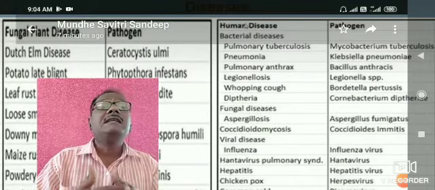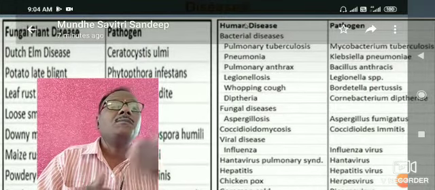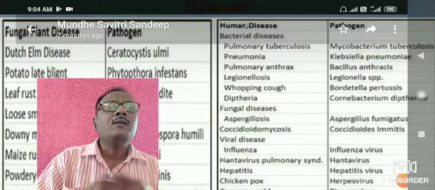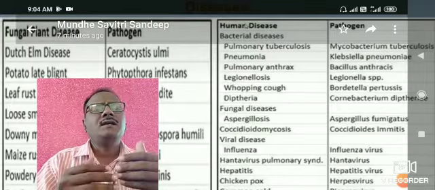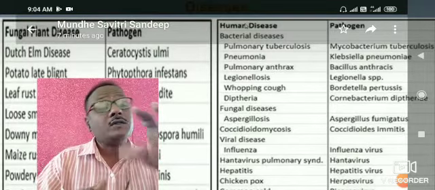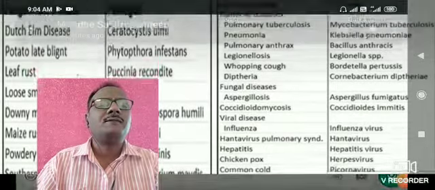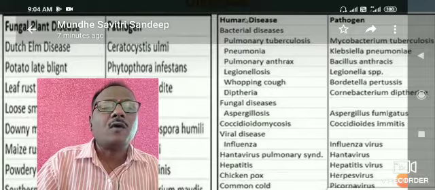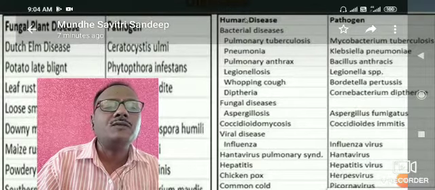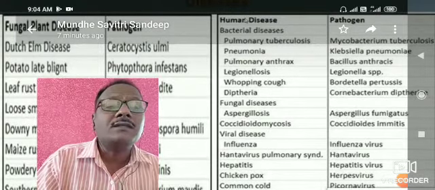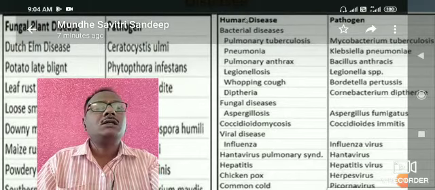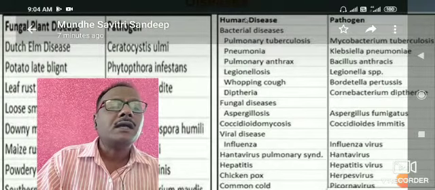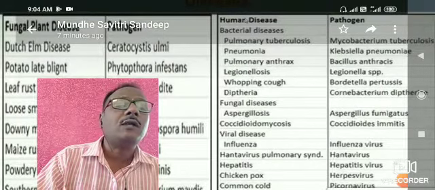These are human diseases due to pathogens, such as Mycobacterium tuberculosis, which causes TB, and the bacteria causing pneumonia and anthrax. Apart from that, some viral diseases are hepatitis, chickenpox, common cold, influenza, and hantavirus pulmonary syndrome. These are due to the influenza virus, hantavirus, hepatitis virus, herpes virus and picornavirus.